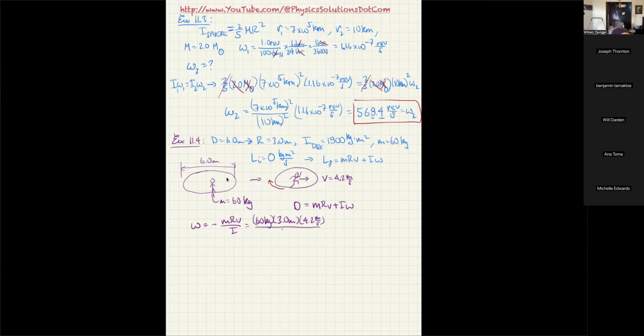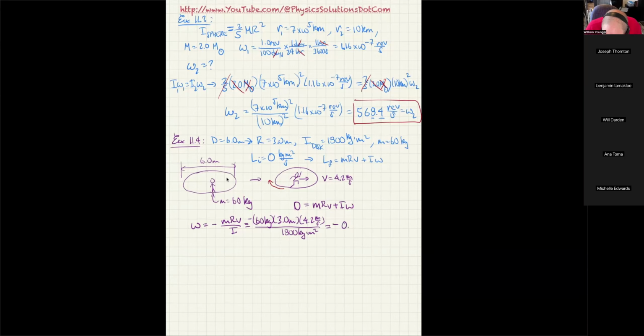The moment of inertia is 1,800 kilograms meters squared. I dropped my negative there. So the answer is going to be negative 60 times 3 times 4.2, which gives me 756 divided by 1,800, and I get 0.42. Excuse me, I multiplied 6 instead of 60.